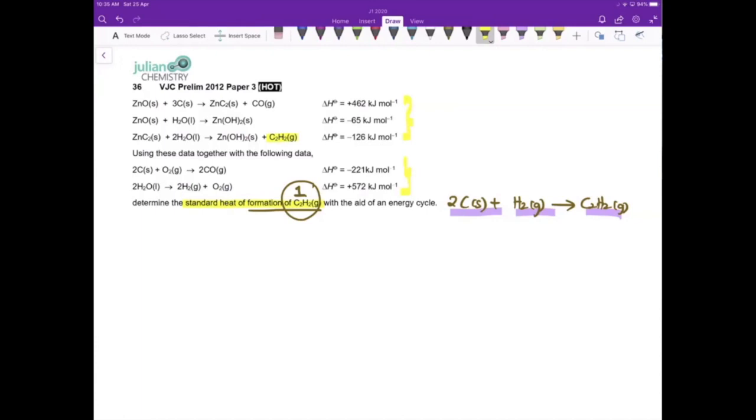So we are going to use this. So let's copy this down. Zinc carbide plus 2 water liquid gives you zinc hydroxide plus C2H2 gas.